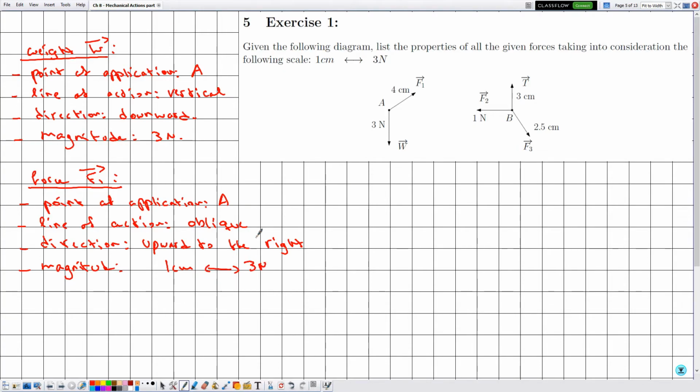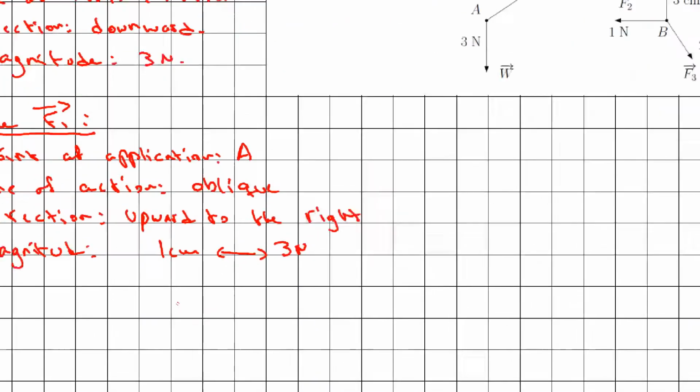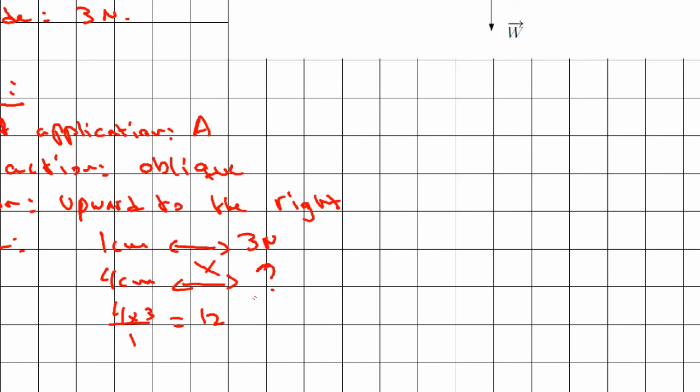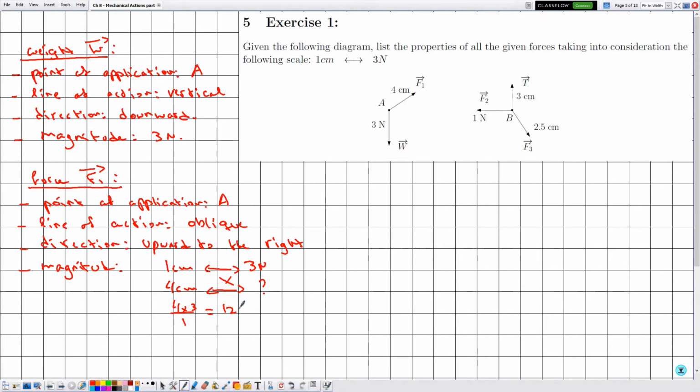What about 4 centimeters? It corresponds to how much? We place it under centimeters, and here we leave an empty space. Now using the rule of 3, the crisscross, 4 multiplied by 3 divided by 1 is equal to 12. This is 12 instead of the question mark, under the newtons. So the magnitude is given by 12 newtons.